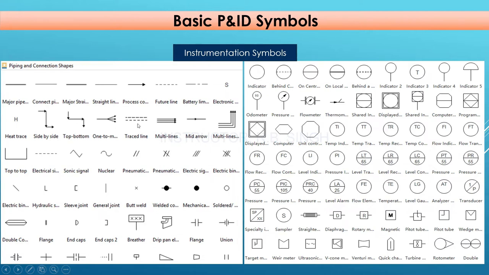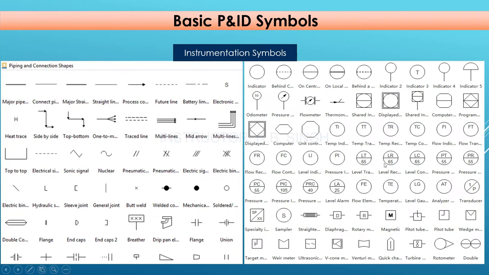This is the tracing line. This is the pipeline. That means this is the major pipe, your main pipe is going through. And if any other line is connected to the major pipe and it is thin with respect to this pipe, that means it is the branch line. So these types of symbols you will see in the P&ID.